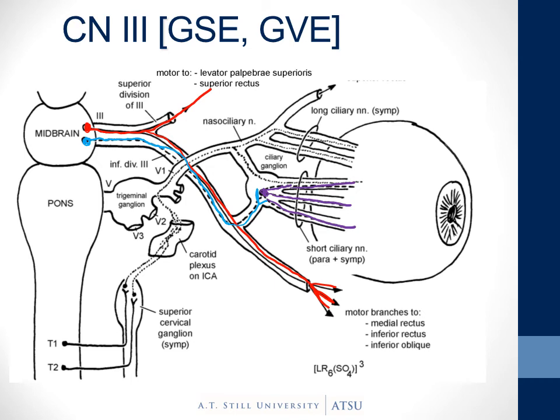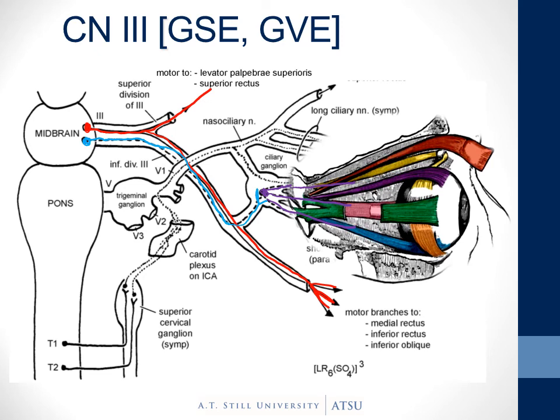Now, the eyeball also needs sympathetic fibers, but we know cranial nerves never, ever carry sympathetic fibers, but they have to get there. Sympathetic fibers, remember, come out T1 through L2.